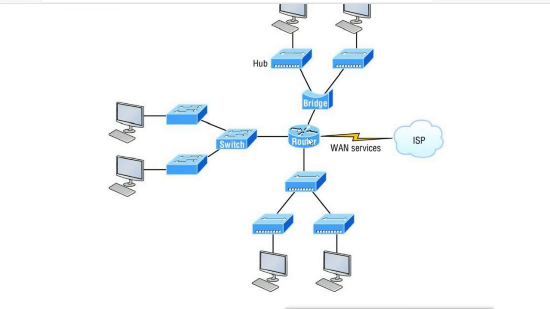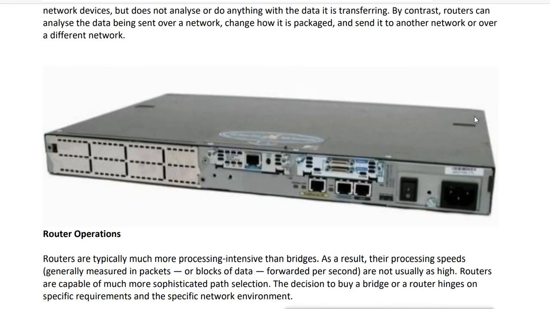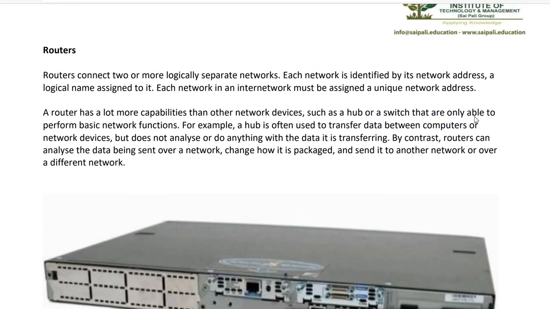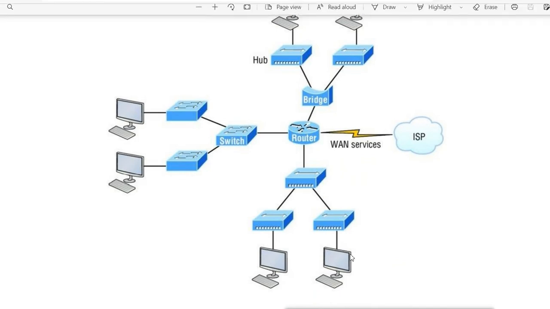The router is also used to connect these different local segments to the internet or WAN connections, to decide the path to reach another continent or other WAN network area. So this is what the router is used for, a lot more than normal bridges and switches. And these are the devices and network components we have for the network.